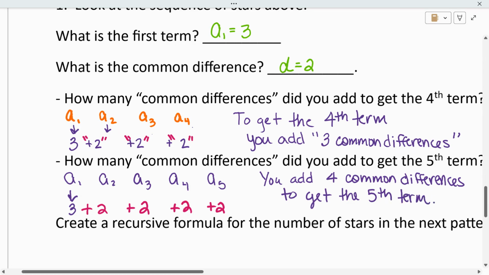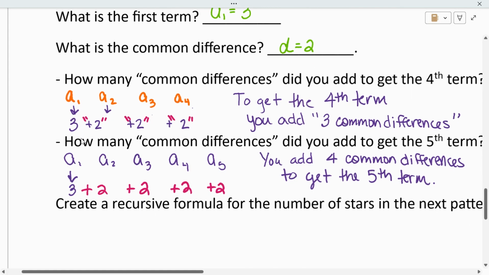So what do you notice? What do you think if I wanted to find the sixth term? How many common differences do you think I would add? 5. The seventh term? 6. So the number of common differences that you add is going to be 1 less than the number of terms you're trying to find.